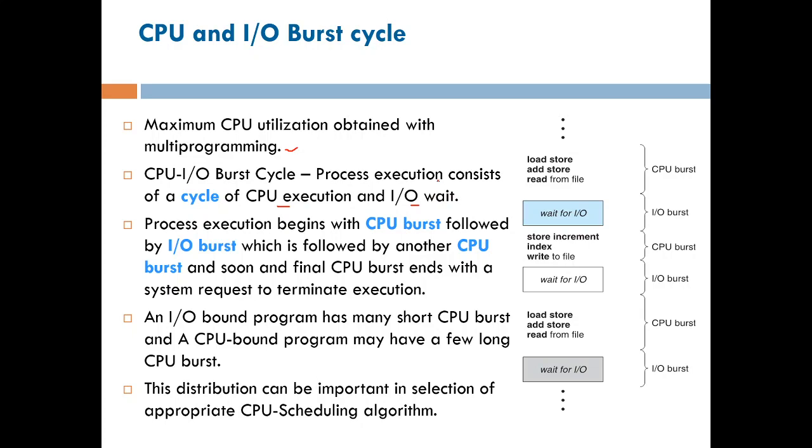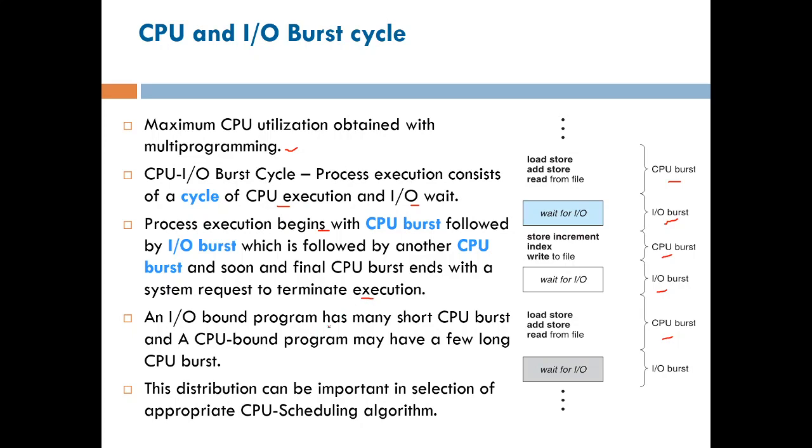That means whenever a process begins its execution, it begins with a CPU burst, which is followed by an IO burst, which is again followed by another CPU burst, and so on. This cycle will continue until the CPU burst ends with a system request to terminate the execution.